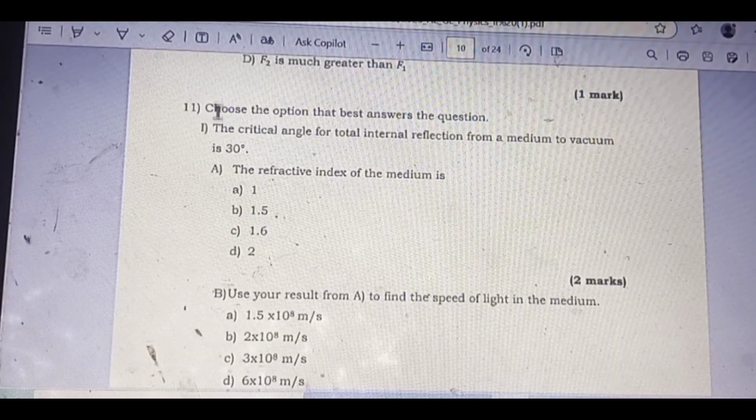Question 11. Choose the option that best answers the question. I. The critical angle for total internal reflection from a medium to vacuum is 30 degrees. A. The refractive index of the medium is.